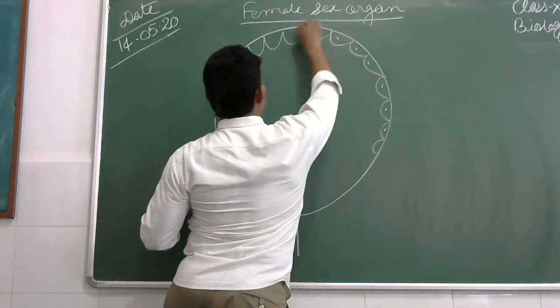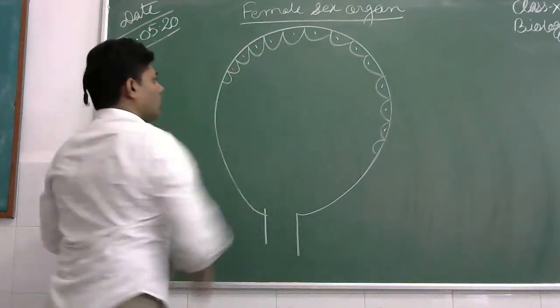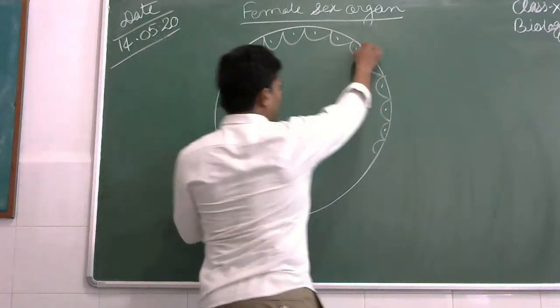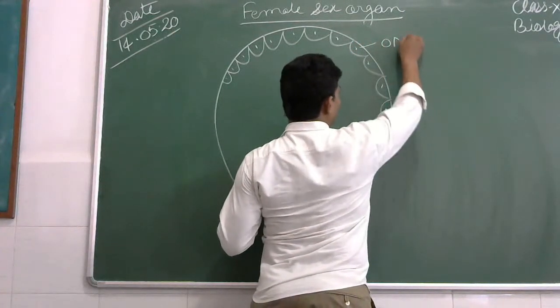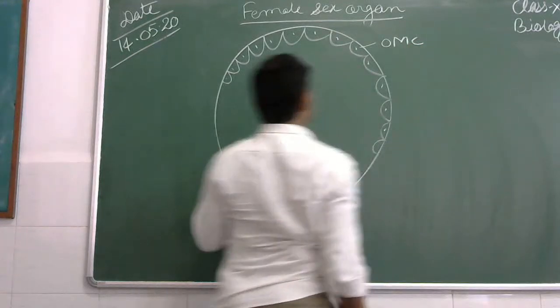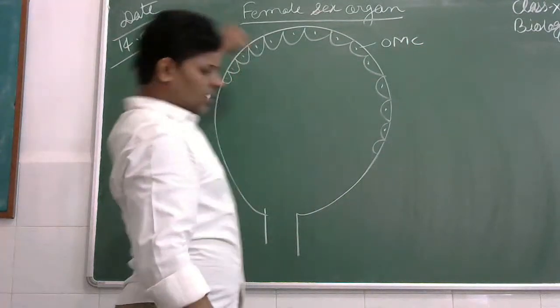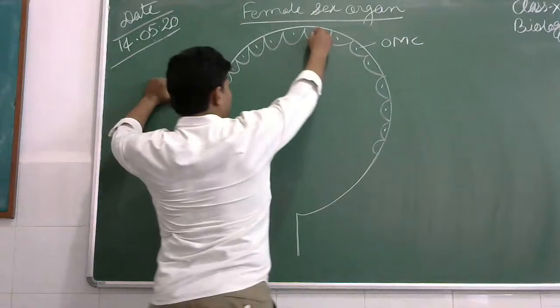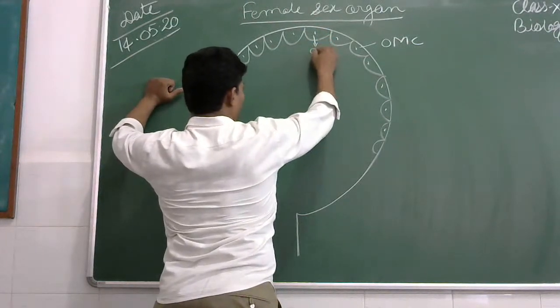This is the ovum mother cell. Okay? What happens? This ovum mother cell makes oogonia.